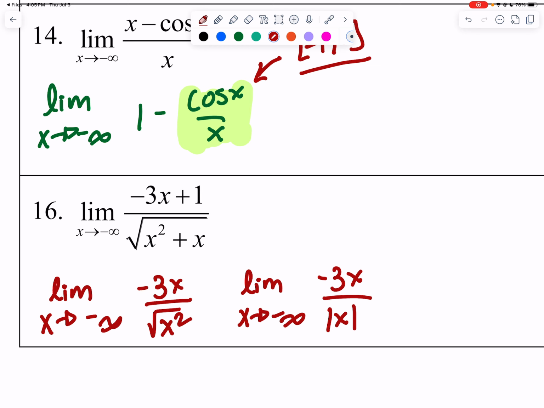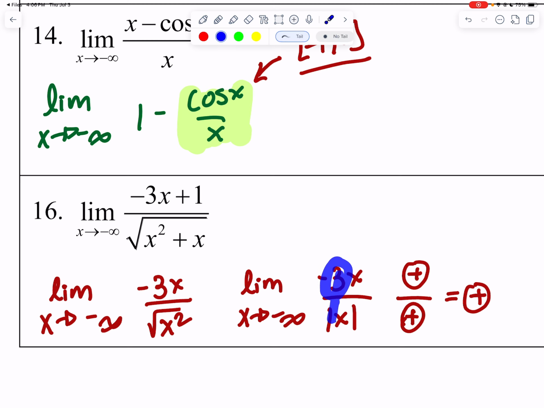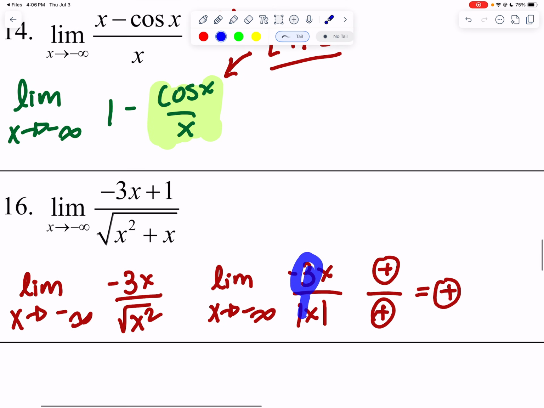Whenever I substitute in negative infinity, I'm going to have -3 times a negative infinity, which means that this is going to be positive, over the absolute value of negative infinity, which is going to be positive. So this is going to be a positive. And then looking at my coefficients here, you'll notice that because I have a coefficient of 3, this lovely thing is going to approach +3.